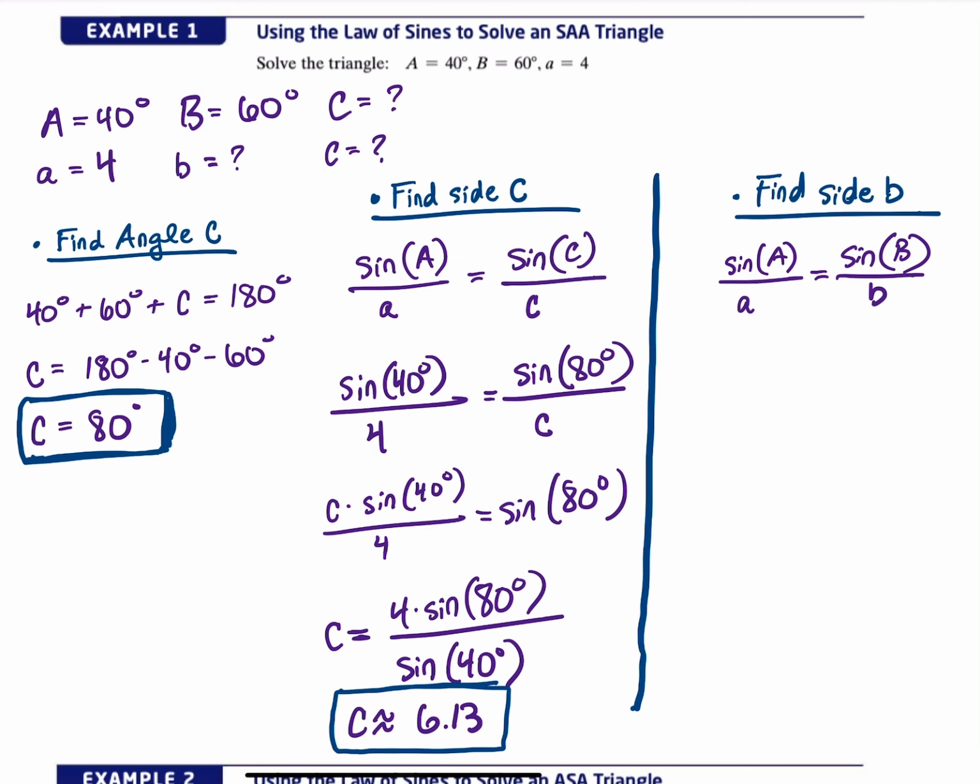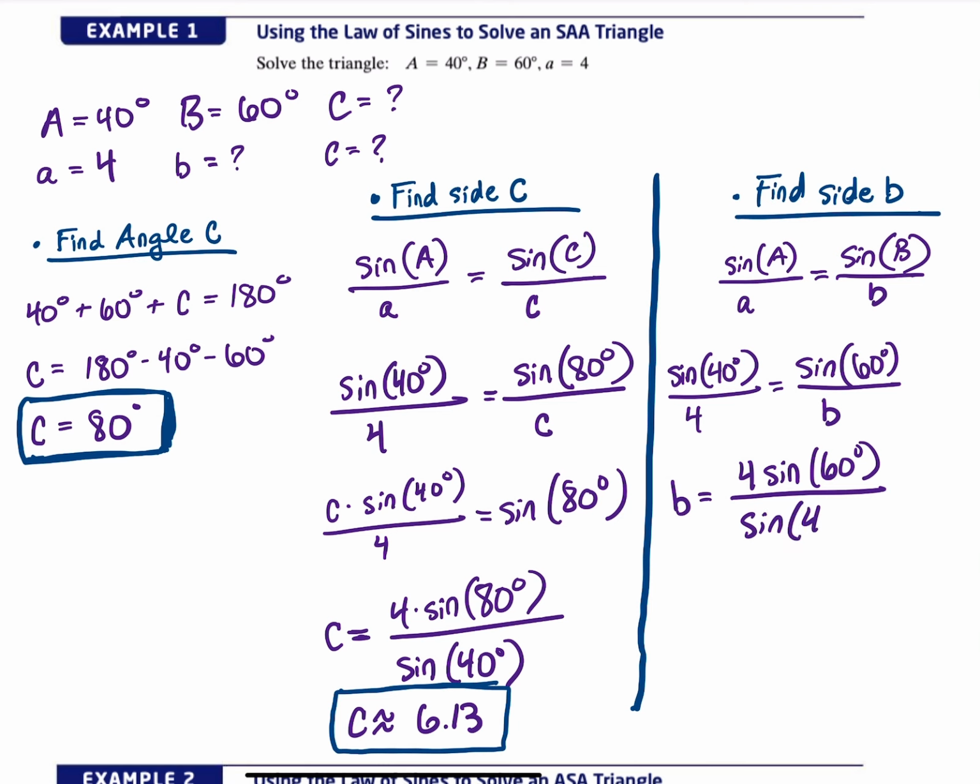Angle A is 40 degrees. So this is the sine of 40 over side length A, so over 4. This should equal the sine of 60 degrees over some unknown length B. So rearranging this, we would get that B equals 4 times the sine of 60 divided by the sine of 40. So if we plug all of that in, you should get that B is approximately 5.39.